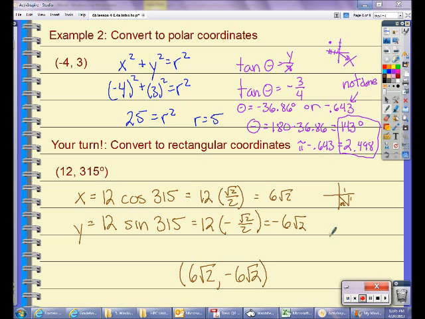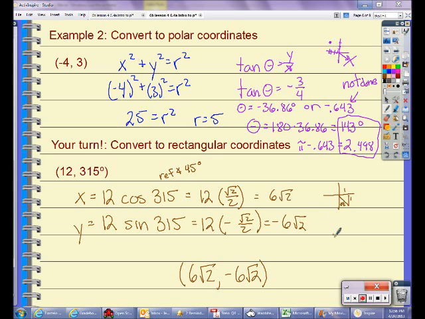And there's the answer. Did you think to draw in the correct quadrant? Did you get that sine is negative in the fourth quadrant and cosine is positive? That your reference angle would have been 45 degrees? I hope so. Here's your final answer.